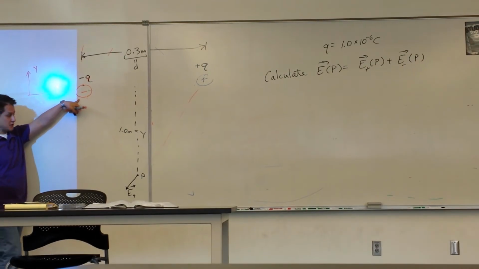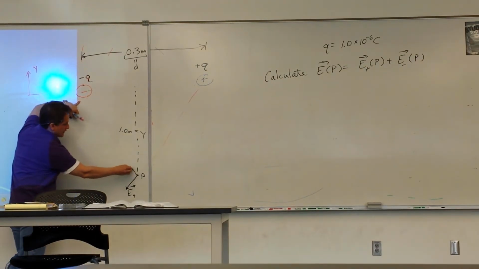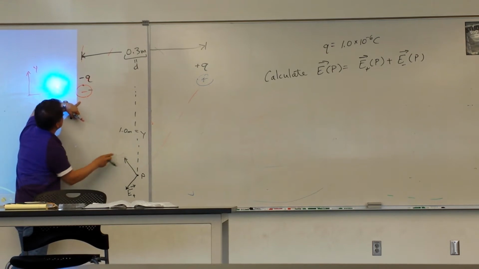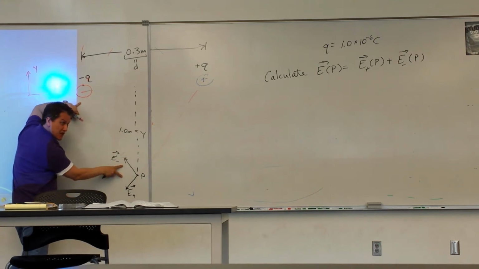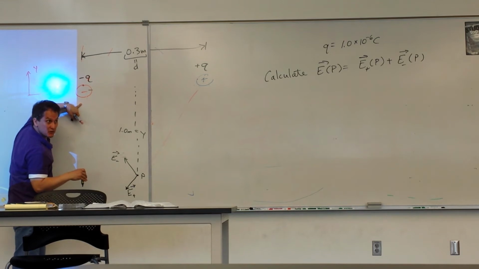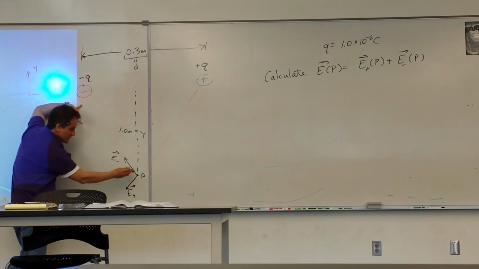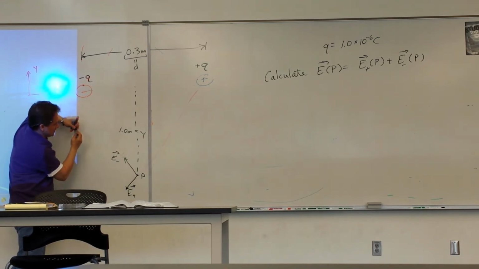The electric field due to the second charge is going to be pointing inward toward Q. This would be E minus. The combination of these two is going to be the net electric field.